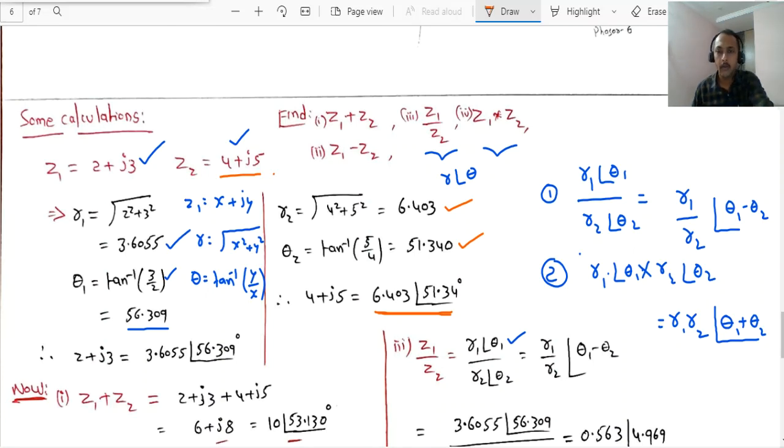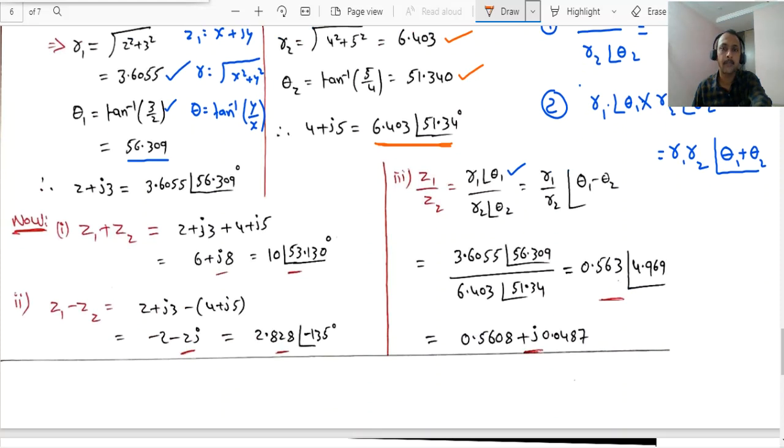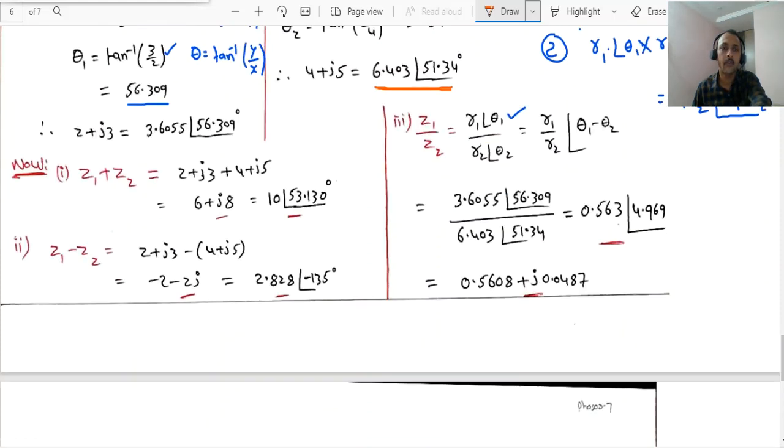Now let me do the addition. Let me see addition of two complex numbers, 2 plus j3 plus 4 plus j5. Directly we can add 2 plus 4, 6, plus j3 plus j5, j8. Very simple, right?